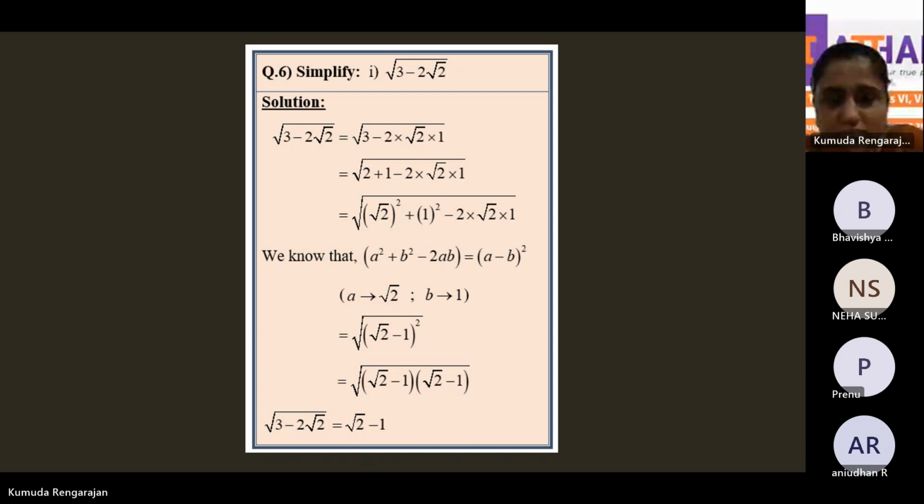Aniruddhan, did you rationalize the denominator? Yes, ma'am. Okay. It'll be 4 point something.